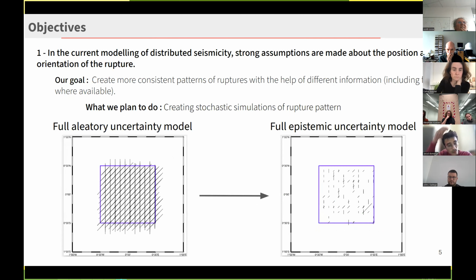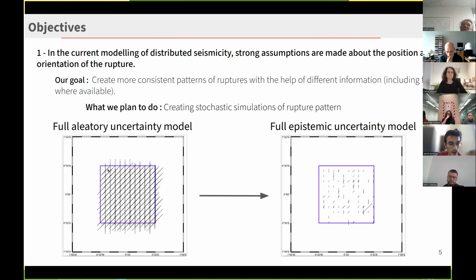So what we did is to create a stochastic simulation of rupture pattern, which means for every simulation we don't have the same pattern of fault position, etc. So as you can see here, this is a full aleatory uncertainty model. This is the model that we currently have, like the model of PSHA software.